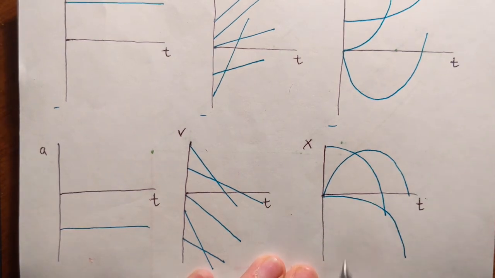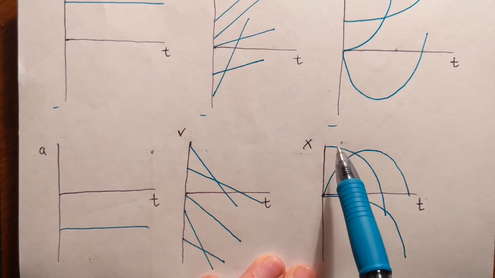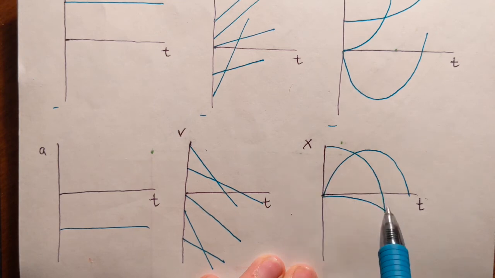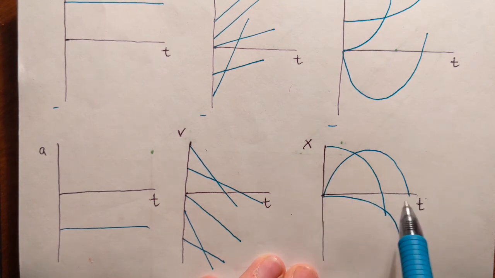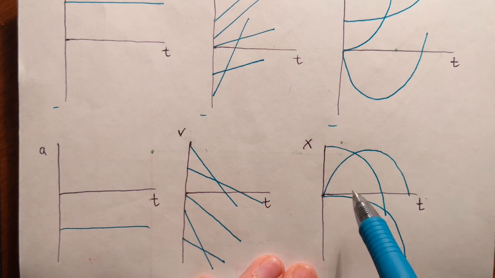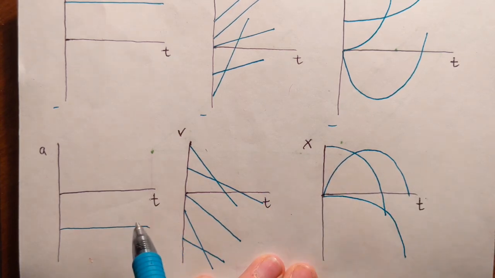Okay, so on a position versus time graph, if you see a sad face, a frowny face, so a curvy line that curves downward, that represents having a negative acceleration. So these are three different position versus time graphs, but they all represent having a negative acceleration.